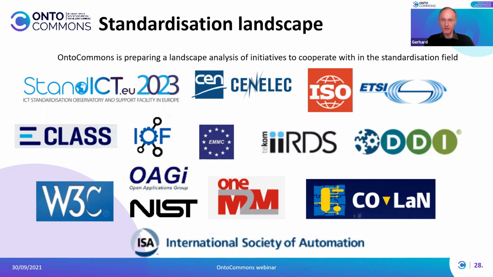We've heard obviously about all of the organizations in the top row and some in the other areas, but just to pick out some points on this slide, we have within materials and manufacturing a landscape that obviously includes the specific organizations that are interested in and support materials and manufacturing ontology development, such as the IOF and the EMMC, and we'll hear about these in a minute.